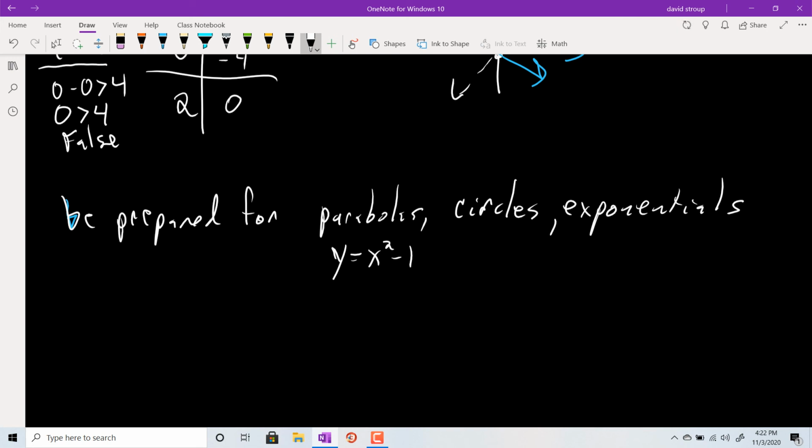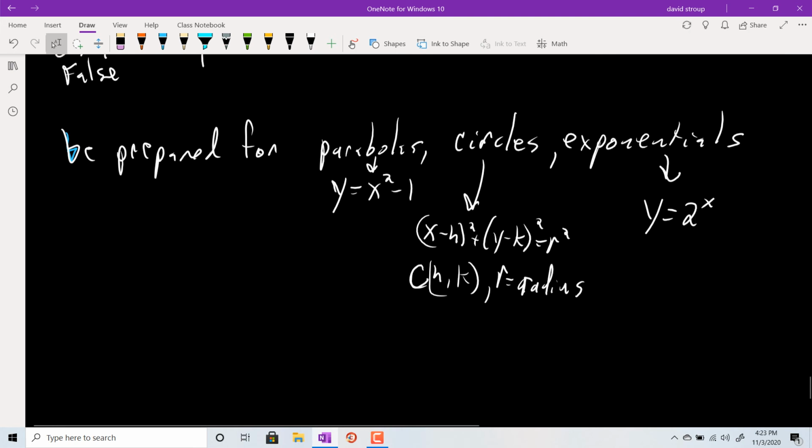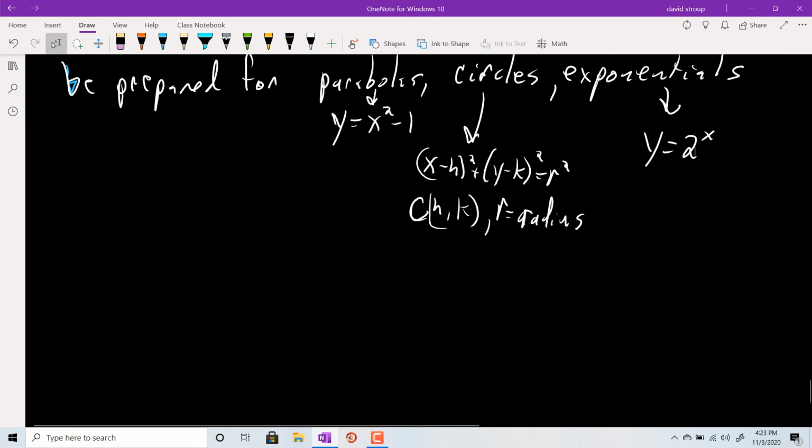Usually you could just do translations to get your graph, or you could do a table of values. Circles have formulas that look like this: x minus h squared plus y minus k squared equals r squared. So the center is h comma k, and the radius is r. You have to take the square root of the number on the other side. And exponentials are things like y equals 2 to the x. Everybody did a pretty good job of graphing those in the last section. So just be prepared to be able to graph anything with one of those.